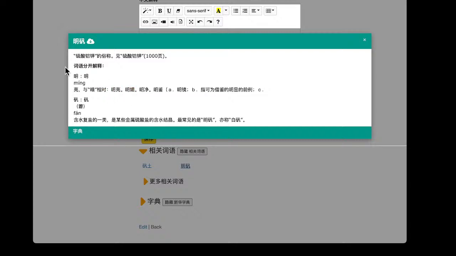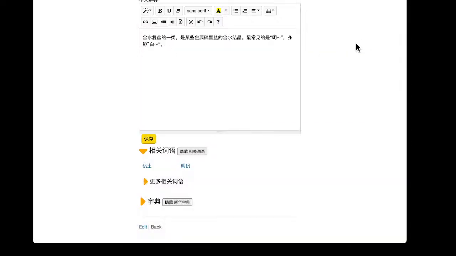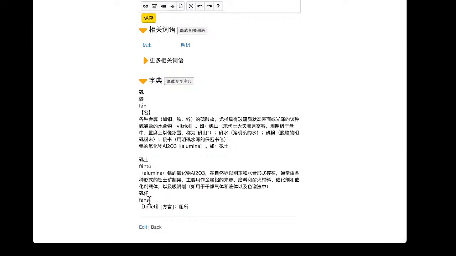Now 明矾, I still remember that, 明矾 that we often use to clean water. See, it has the ability to combine other stuff in the water, and then they will form another compound which is heavier, and then they drop to the bottom of the water tank, so to make the water cleaner.